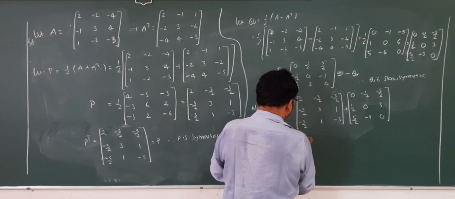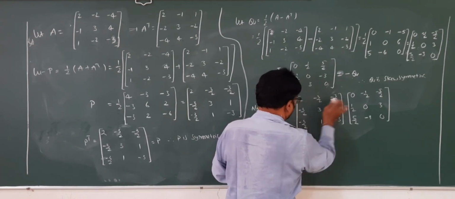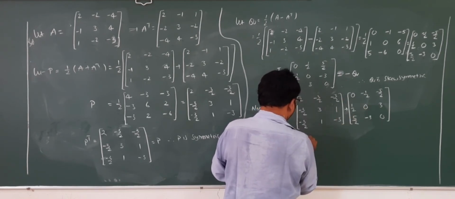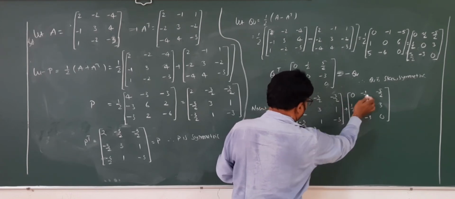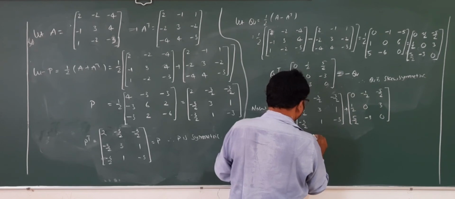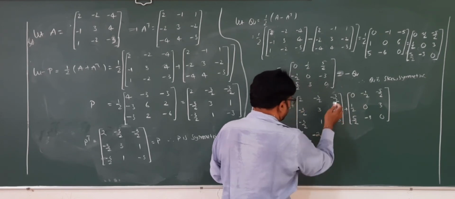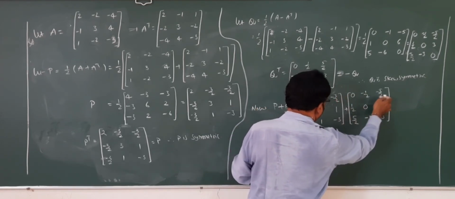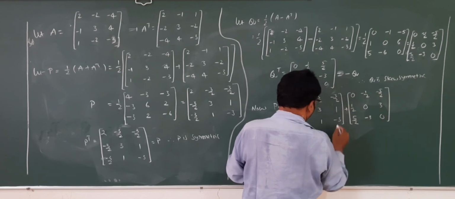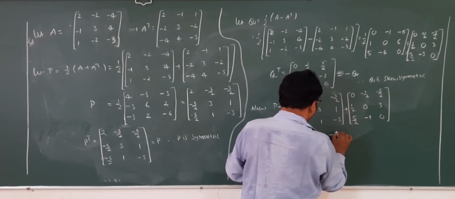So this matrix now: 2 plus 0, 2, minus 3 by 2 minus 1 by 2, minus 4 by 2, minus 4 by 2, the value is minus 2. Next, minus 3 by 2 minus 5 by 2, minus 8 by 2, minus 8 by 2, the value is minus 4.